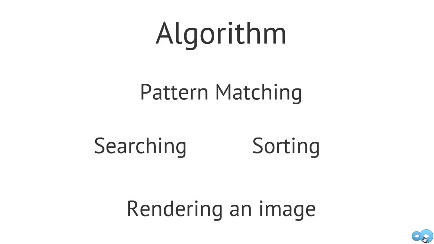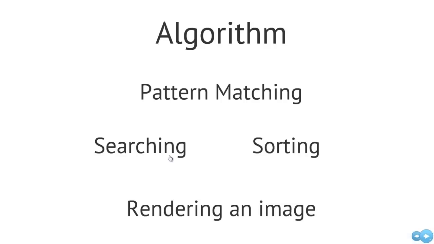The harder part, though, in terms of writing a program, is this idea of devising an algorithm. An algorithm is simply the set of instructions to perform a particular task. So we can write algorithms independent of any particular programming language. There are algorithms for pattern matching, so for face recognition or voice recognition, and for searching.